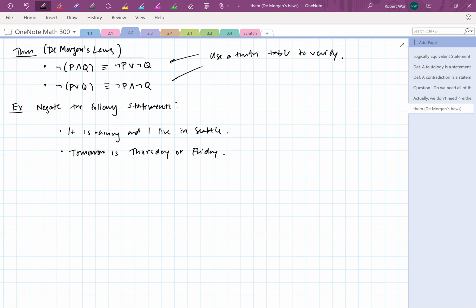So let's try to write a meaningful negation. If someone said, "It is raining and I live in Seattle," and you want to express the opposite of that, how would you do it? To negate it, you would say, "It's not raining or I don't live in Seattle."